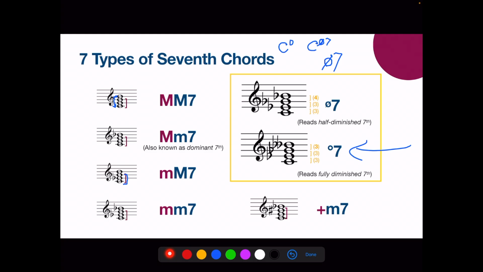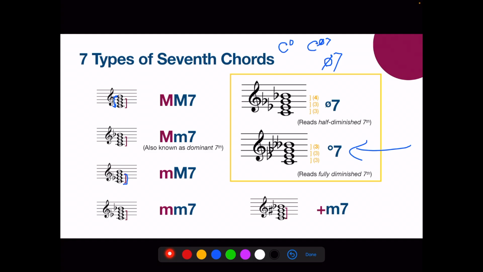That gets you to an augmented chord. And then the distance between the C and the top note, B flat, that is a minor 7. That's 10 half steps. So altogether, this chord is an augmented minor 7th.